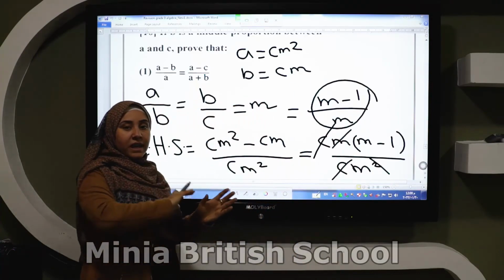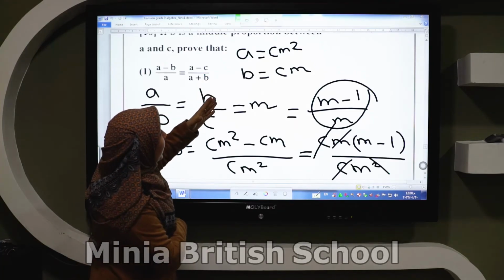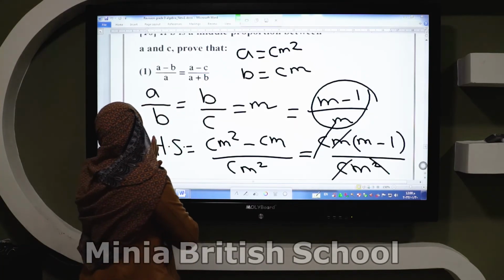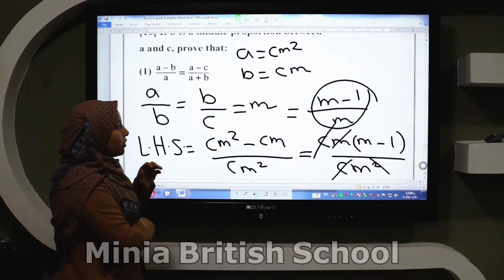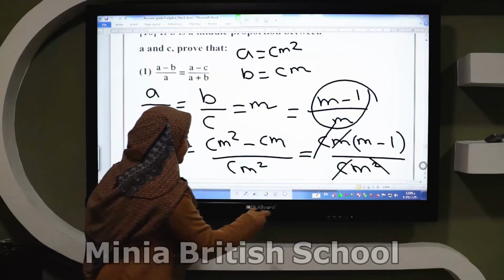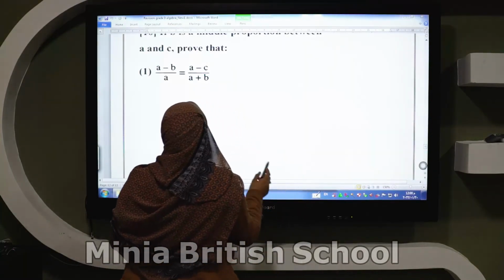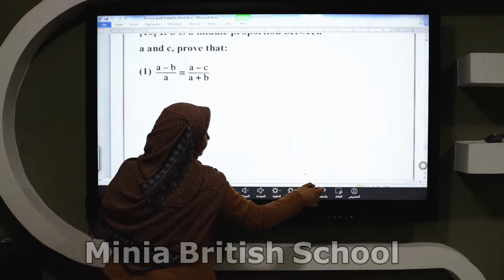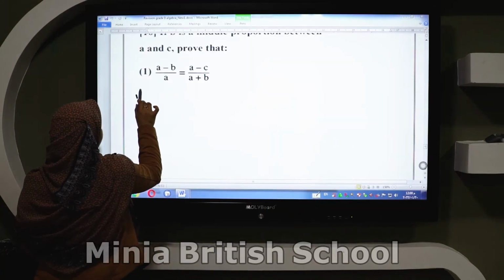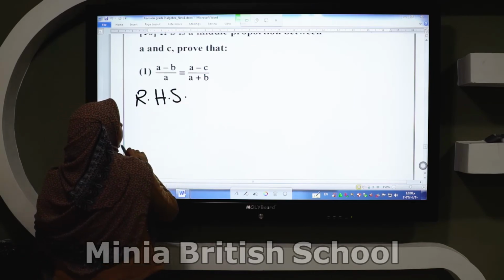By the same idea, substitute the values of A and B on the right hand side.